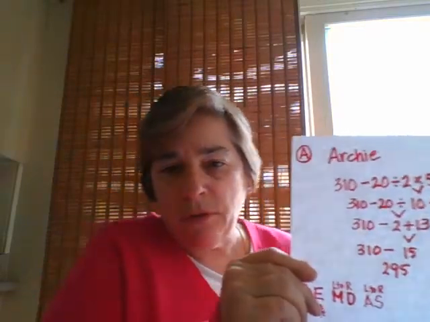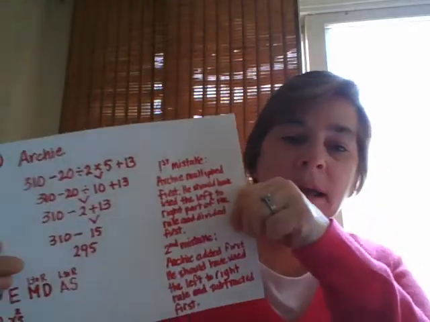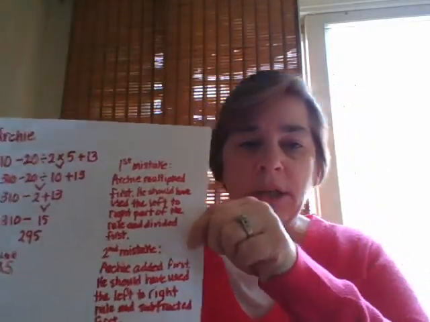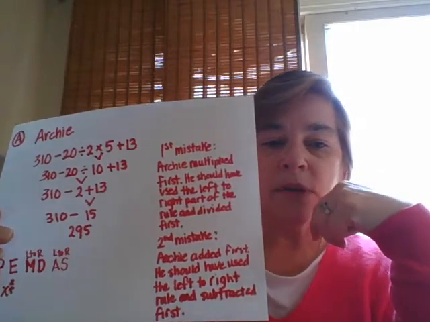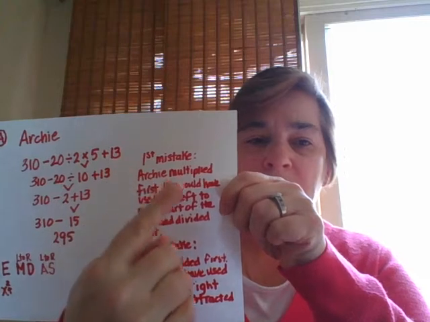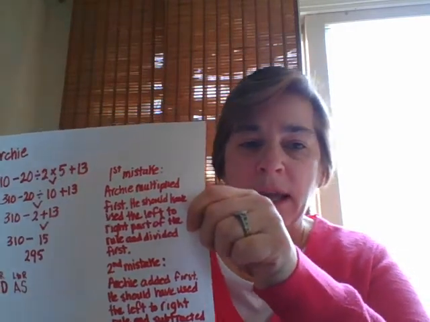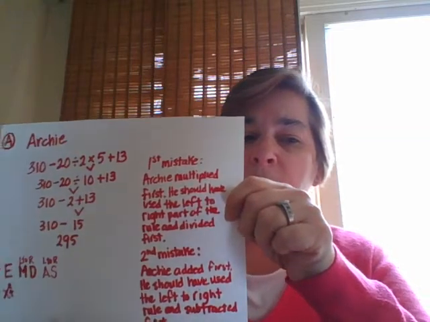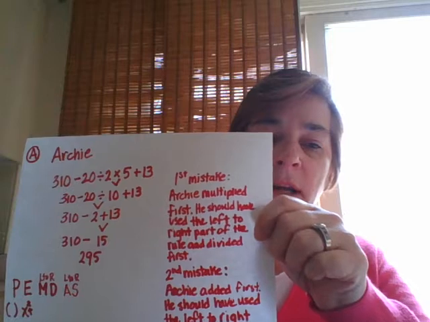So here's the first one, A, and A says that Archie did it this way and asks what were his mistakes. Okay, so the first mistake, if you notice, is that Archie did 2 times 5. When you're doing order of operations, you can see that I have the words PEMDAS down here.